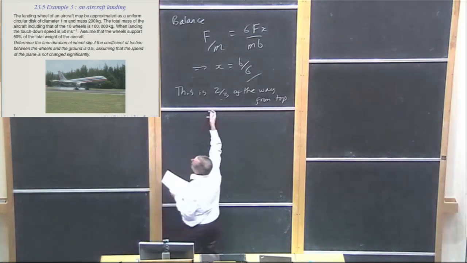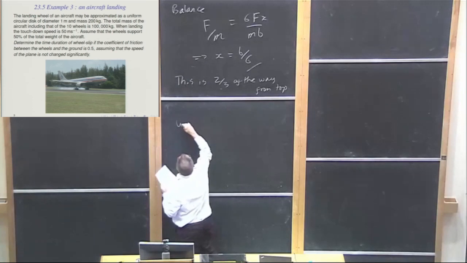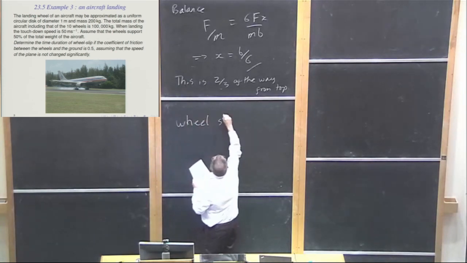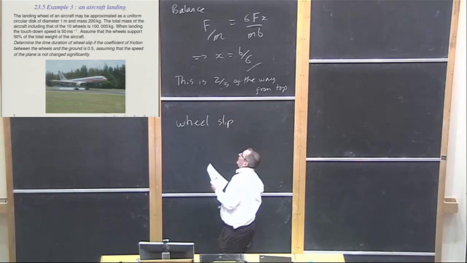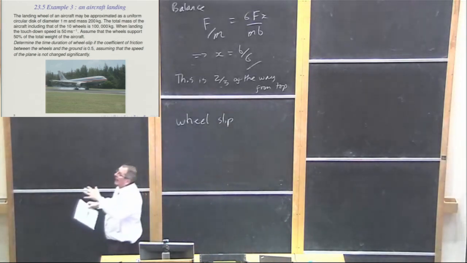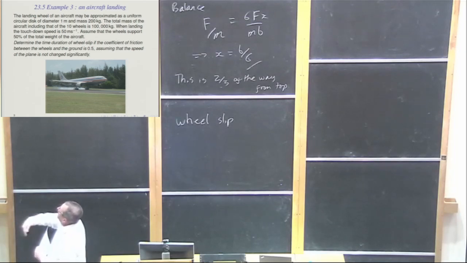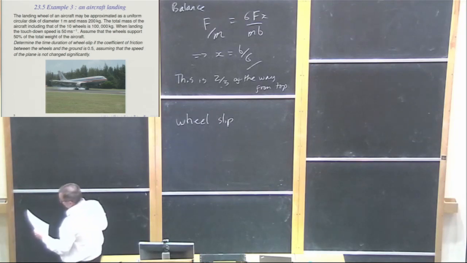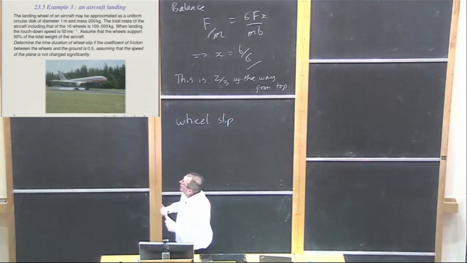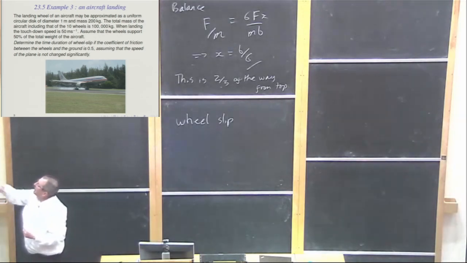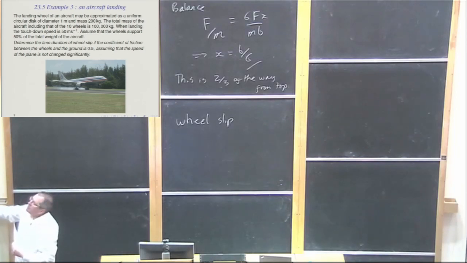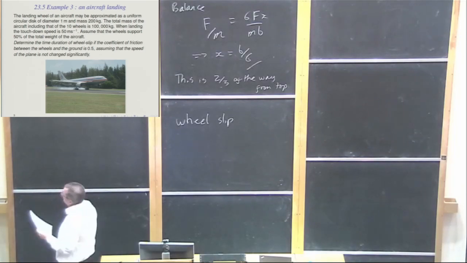So what do we mean by wheel slip? Because that's maybe not entirely obvious. Well, the point is that when the plane lands, as soon as the wheels touch the ground, they start to revolve, but they will not be revolving at the speed the plane is going initially. So they'll be spinning around, but they won't have caught up with the plane, so they will be slipping on the ground. But eventually, they will be rotating such that their translational speed is the same as that of the plane.